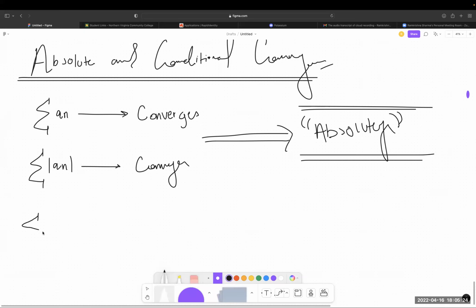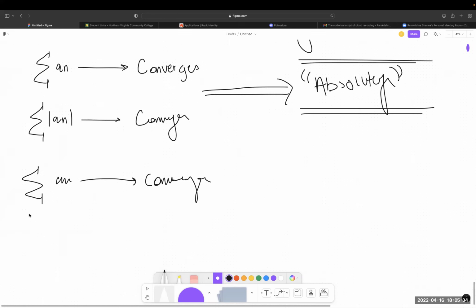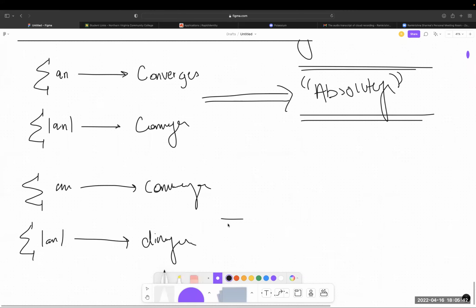But what about if I had the absolute value of a of n, and we know that hypothetically a of n converges, right? You use some type of test to find out if it converges or diverges. And then you took the absolute value of that, and that diverges. Well, then you are conditionally convergent.